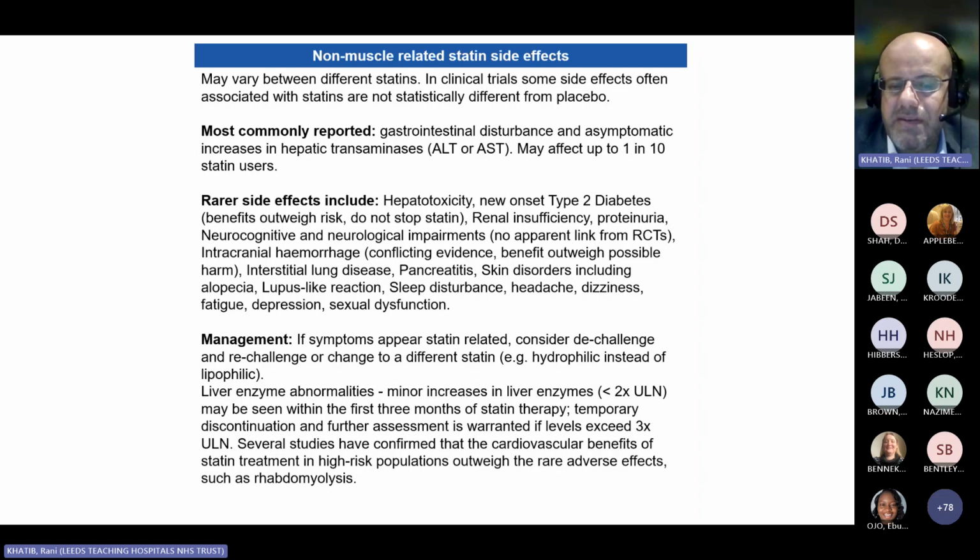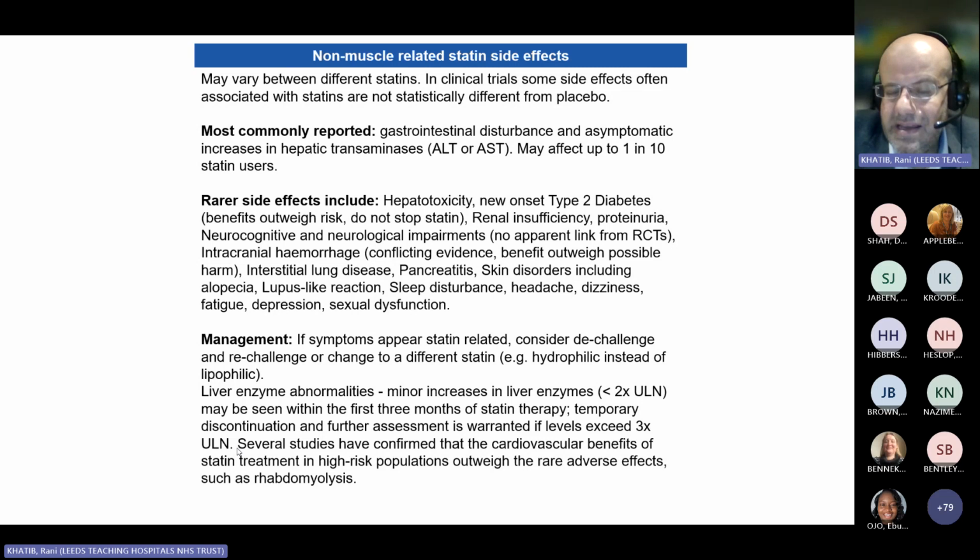Usually minor increases in transaminases can happen with statins. It's not usually a problem. We shouldn't really discontinue statins in this case. It's only if the liver enzymes are elevated more than 3 times the upper limit that we discontinue, and we'll probably reintroduce at a lower dose and see what happens, unless the elevation is massive, then we reconsider.